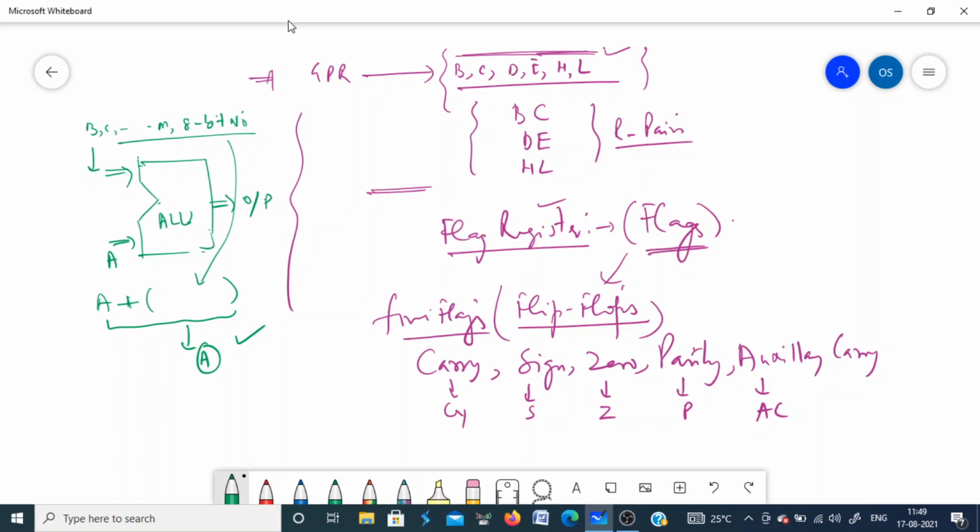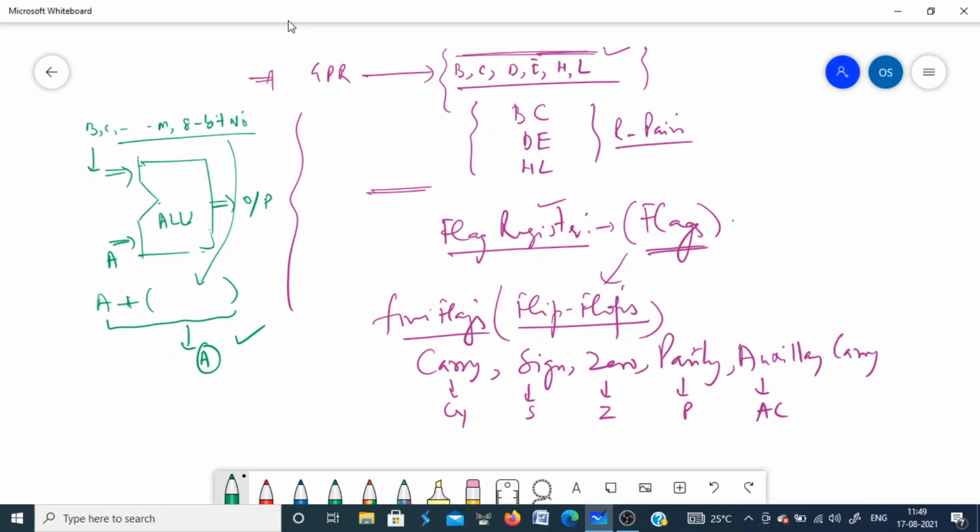What these flags basically represent is the status of the result which is stored after an arithmetic or a logical operation. The result is stored in A, but what is the status of that result? That comes in these flags, which are basically flip-flops. So they are set or reset according to the contents of the accumulator.